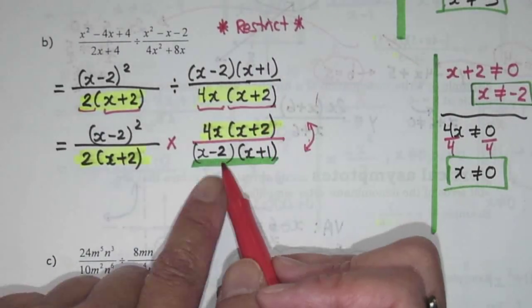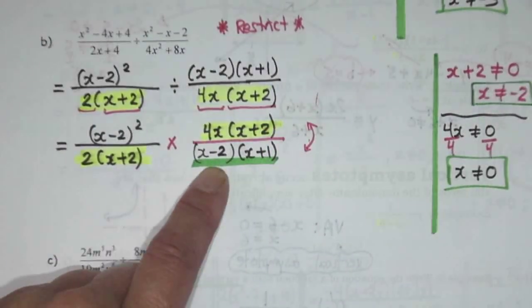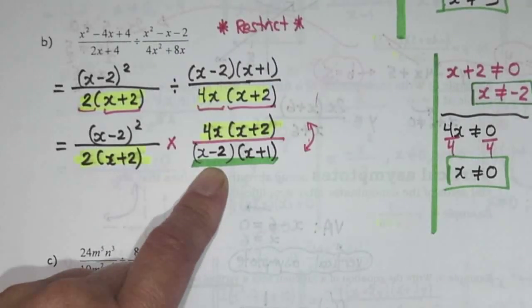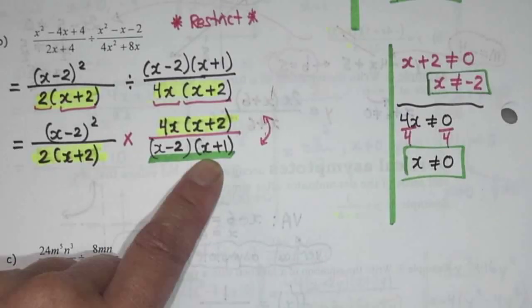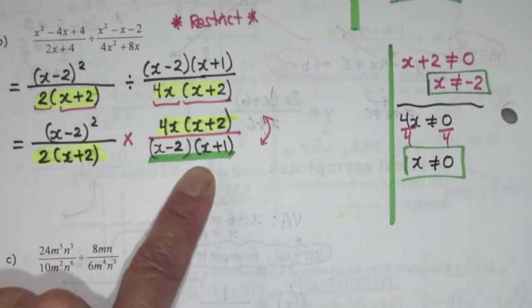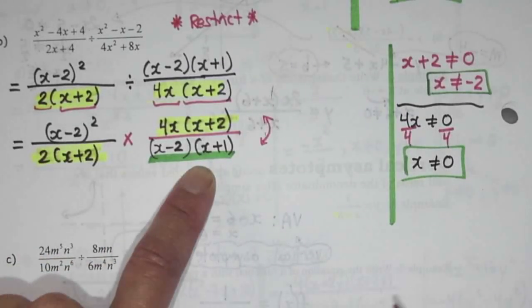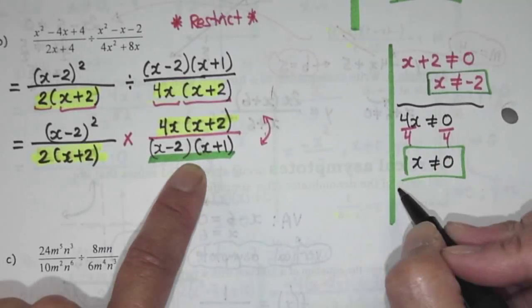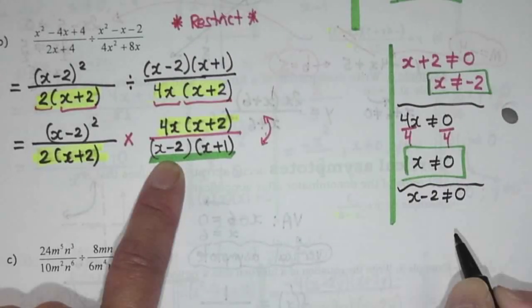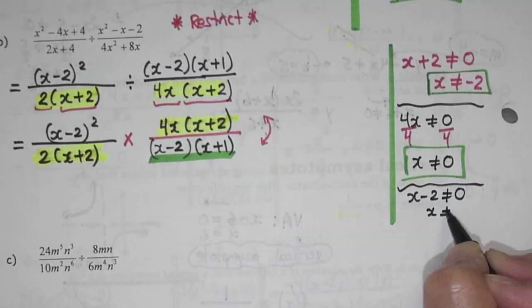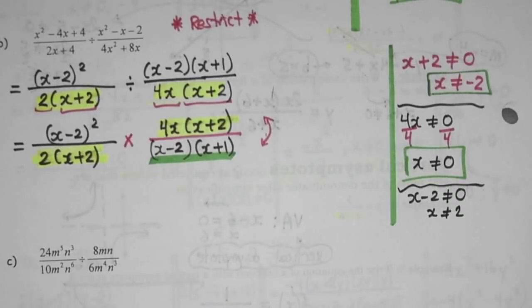Just make sure you do a double check. So check your bottom here. Ooh, I have to add more restrictions now. Sometimes it's a repeat and you go, oh, I already have it. But this one, I get 2 more restrictions, don't I? They're different. So when I mark it, I'm going to be looking for those extra restrictions. So grab this one now, and x minus 2 cannot equal 0, so x cannot equal 2.